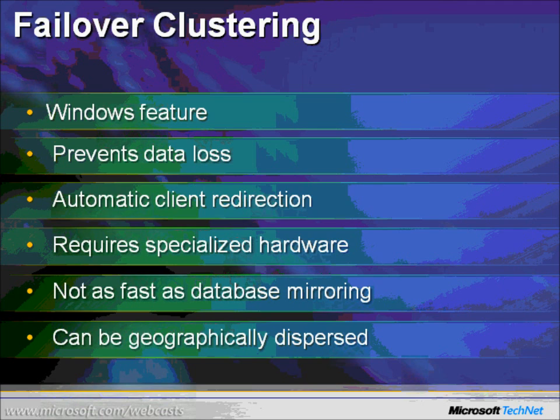Additionally, clustering is enhanced by removing the requirement that all nodes reside on the same subnet and by supporting dependencies. For example, by ensuring that the network name resource is available if either of the two IP address resources is available. So some of that virtual networking.